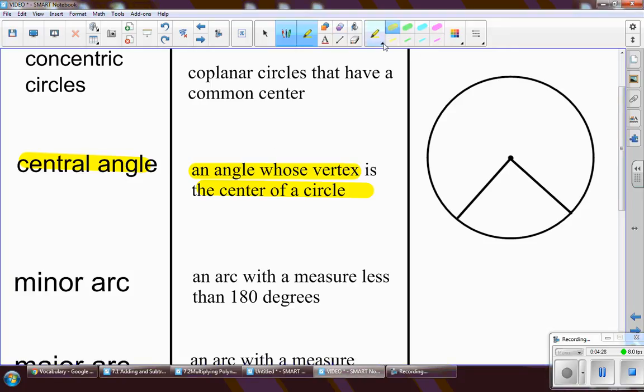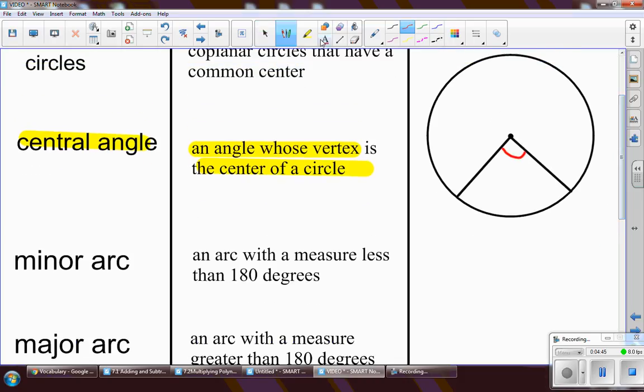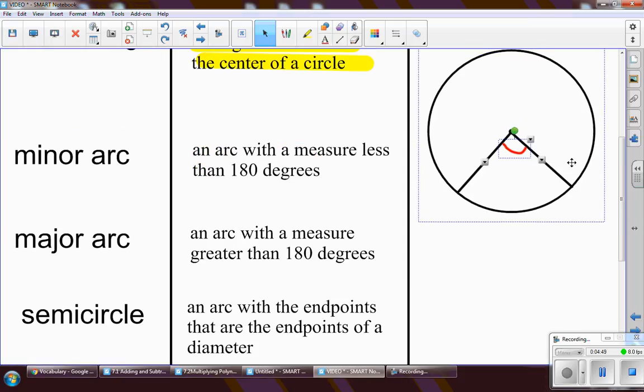So this angle right here is called a central angle. It is in the center of the circle, central angle. And notice what it creates. All right, so we've got the central angle. All right, and this is also a central angle here.